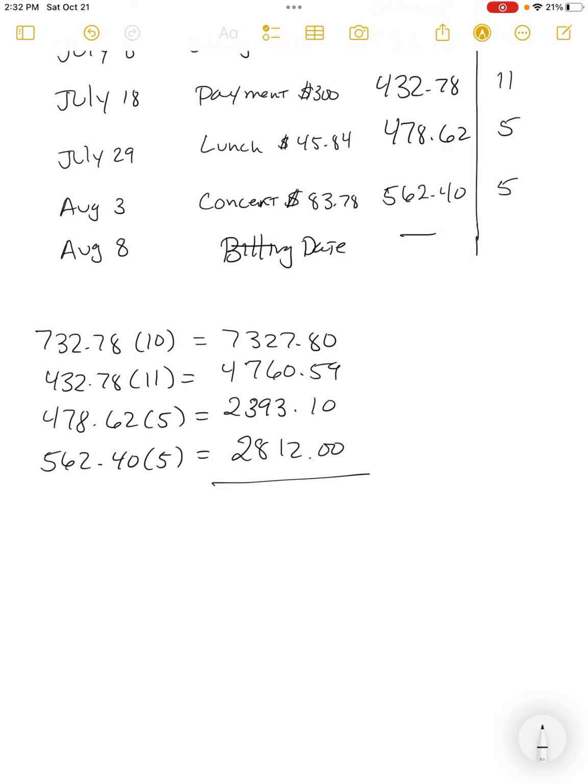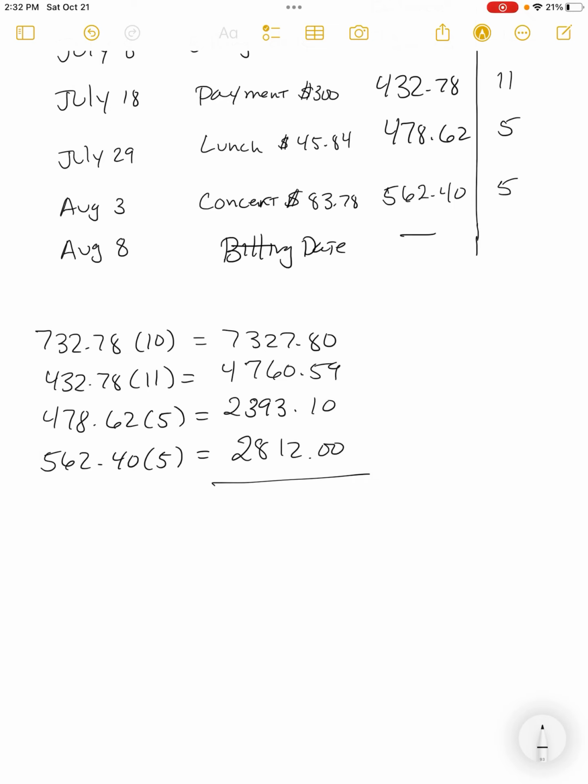So I take my 7327.8, add to that my 4760.59, and I got to be really careful how I plug all this in. Like I am making some translation mistakes here, so I got to be just extra careful. So 4760.59 plus 2393.1 plus 2812.00.